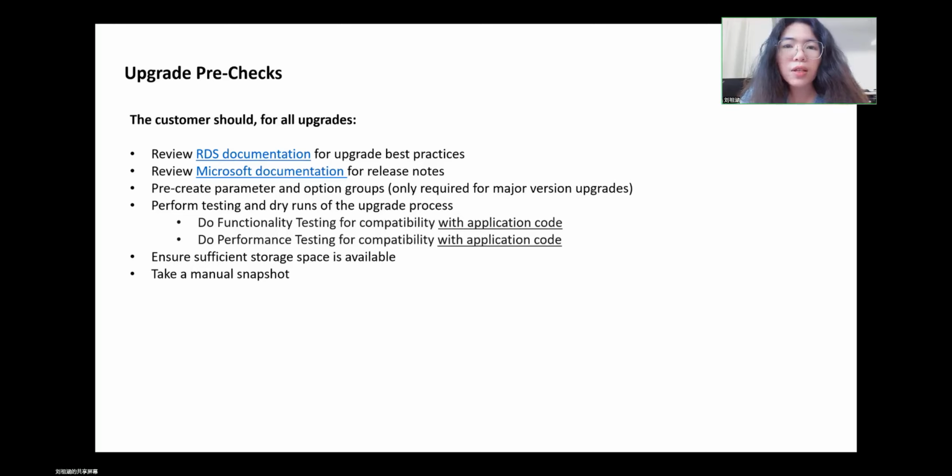Thoroughly perform all sorts of tests to ensure compatibility of your applications with the new updated version. Specifically, when doing a major version upgrade, ensure that parameter and option groups for the target version are created.